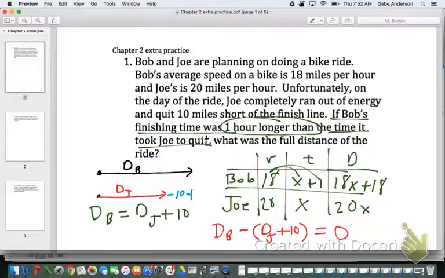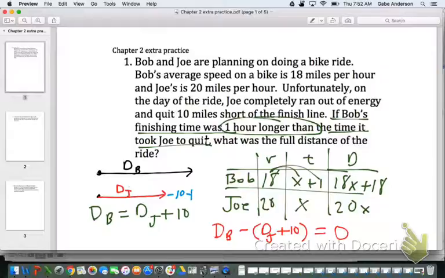I want to make you free to write a truth about the situation. I've already shown you four different ways. We don't all have to write the exact same thing as long as what you write is true and helpful, right? Don't start writing about other stuff. As long as you're talking about Joe's and Bob's distances, if you write a truth, you're good. You see how you're free instead of being shackled to how you always do it.